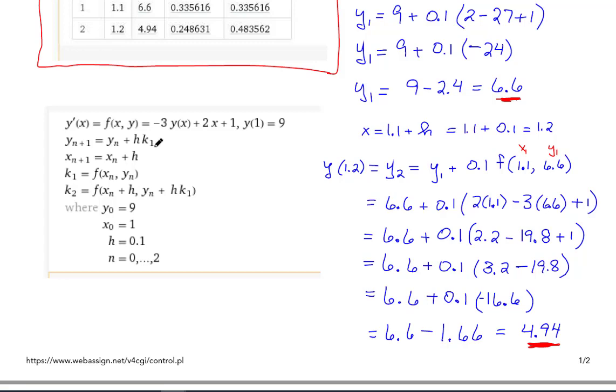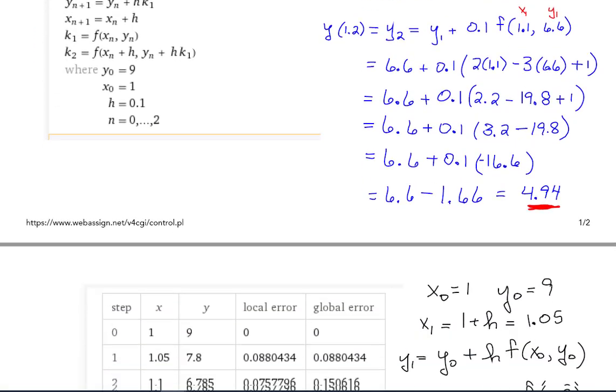Well, what is this k1? Well, k1 is our particular vector field. And so that's where they're showing us that. All right, and so we can step through and you iterate the process using a computer where you would make the step size smaller and you can make a lot of steps.